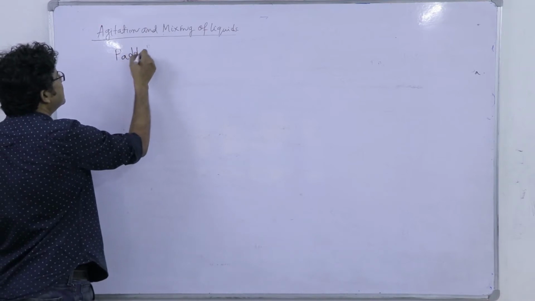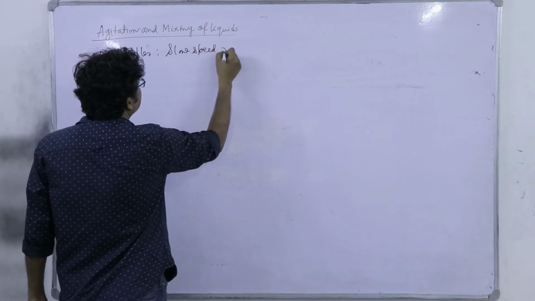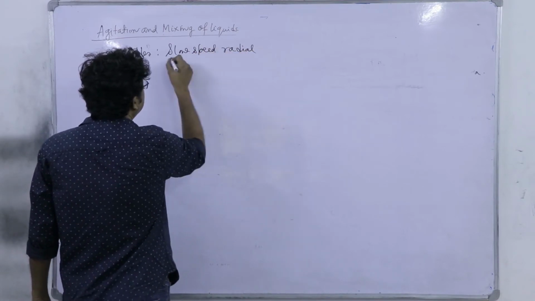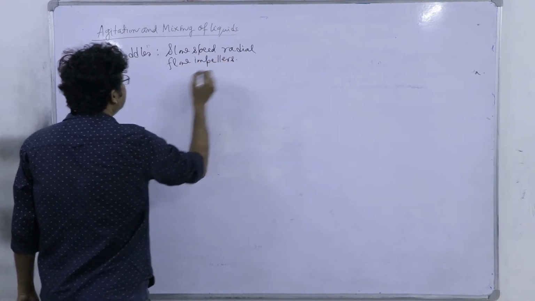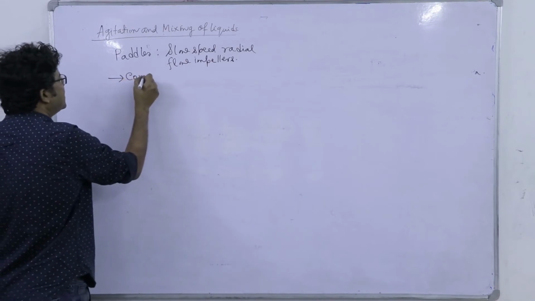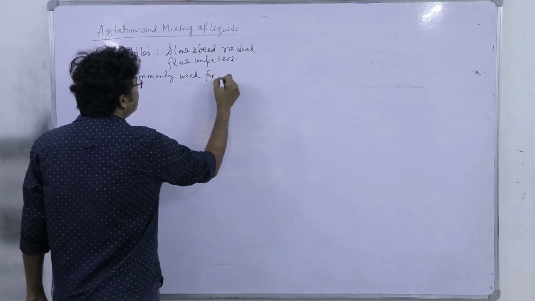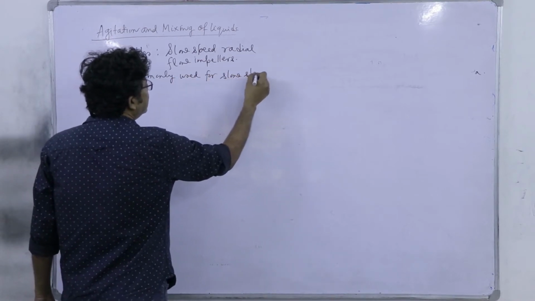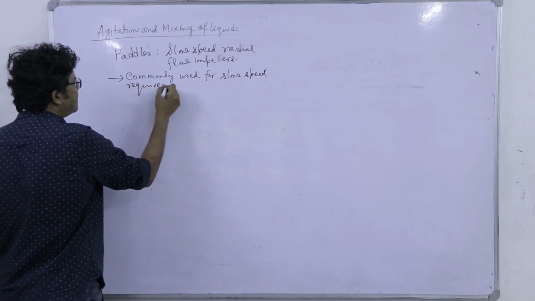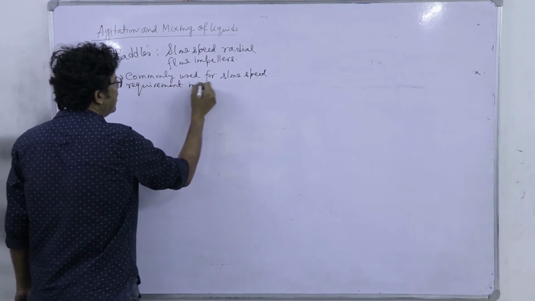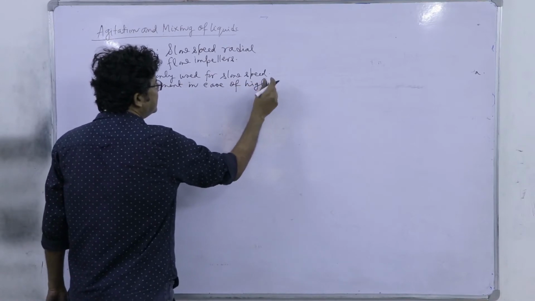Paddles are slow speed radial flow impellers, commonly used for slow speed requirements in the case of highly viscous fluids.